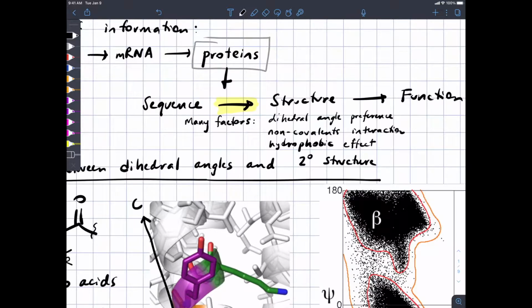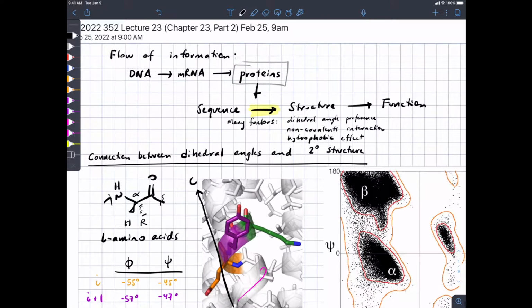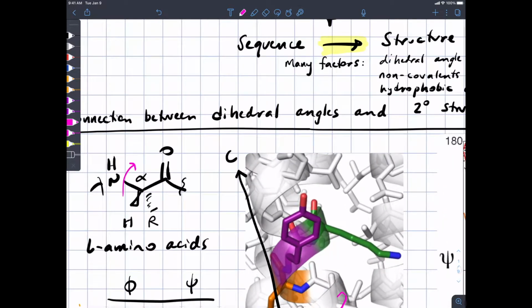So last time we spent a while talking about defining dihedral angles for amino acids in peptides and proteins. Rotation around this nitrogen to alpha carbon bond is given the name angle phi, and rotation around the bond between alpha carbon and carbonyl carbon is given the name psi.